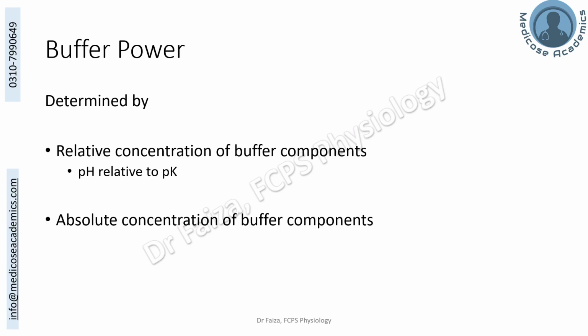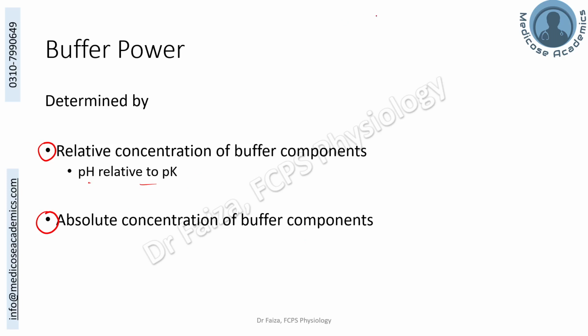Buffer power of any buffer system is determined by the relative concentration of the buffer components. As we just discussed, the buffer power is going to be more when pH of the system is close to the pK of the buffer system. Number two, the other important thing is the absolute concentration of the buffer components.